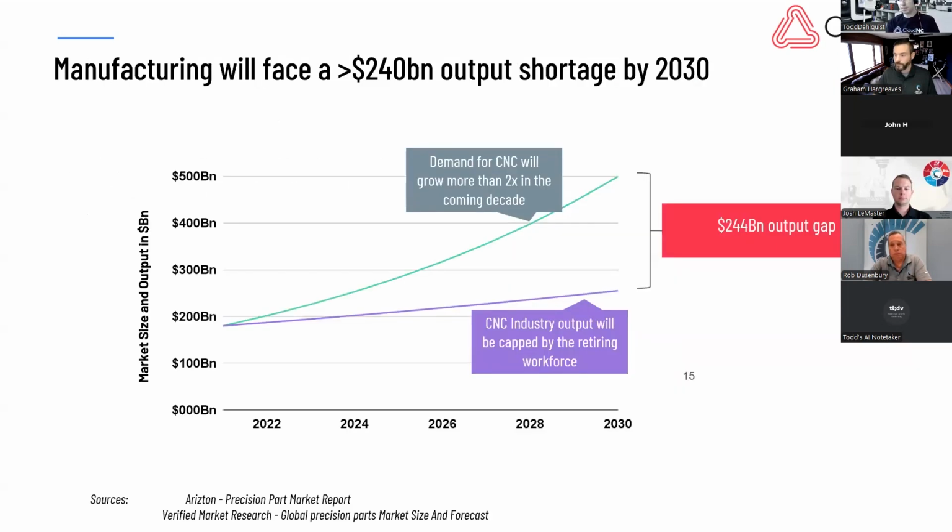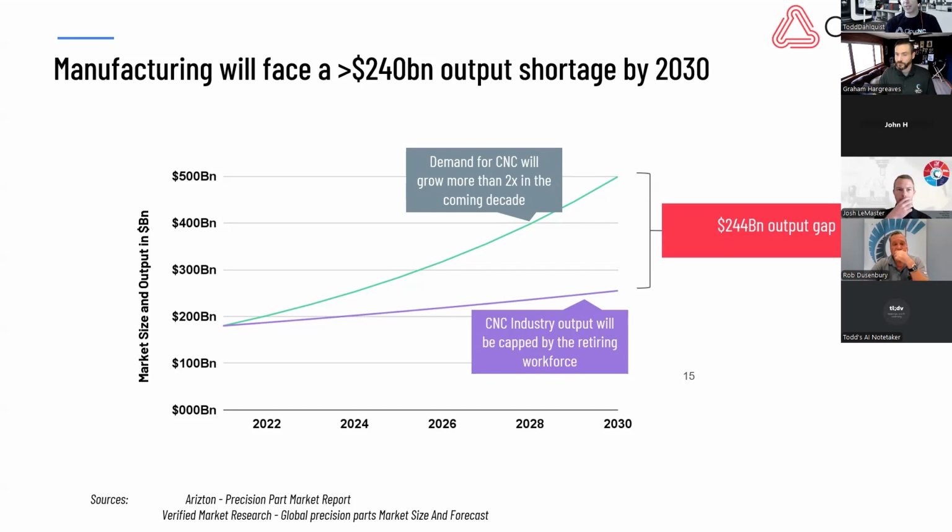Next slide. And this graph really puts that into perspective, where we can see where we're at today, and then the grayer trend line there on the top, that's the expected output that will be demanded in our industry by 2030. And then you can see the ability for the industry to output at the status quo on the bottom one there. So you can see that gap is just huge there.